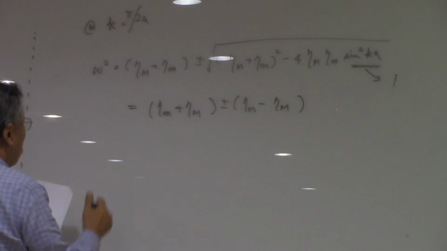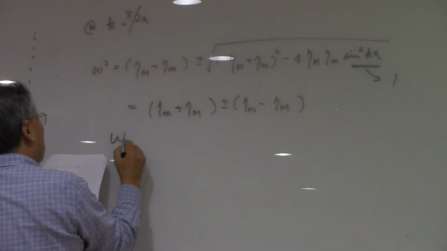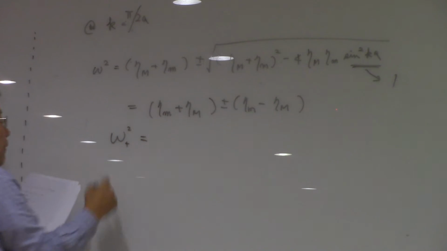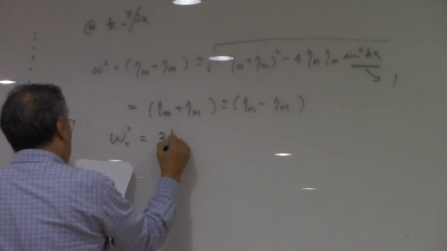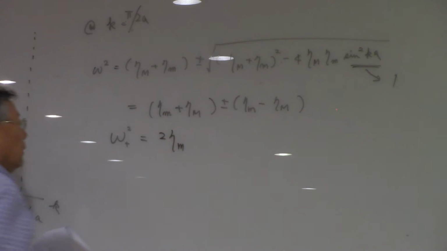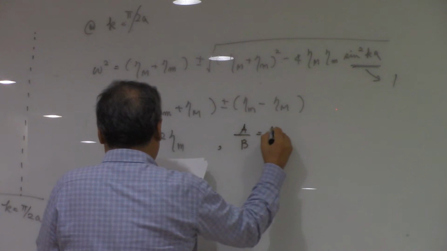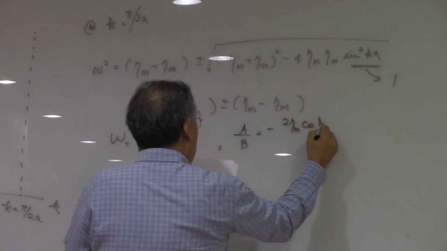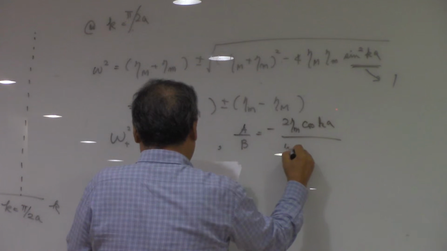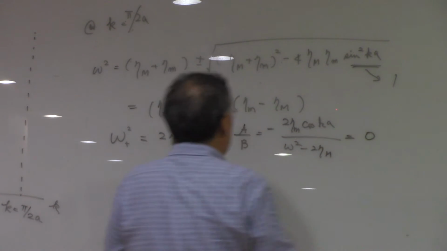Okay? So that plus, at pi over a, then this is going to be small m, and a over b is going to be minus 2 eta m cosine Ka over omega square minus 2 eta m, so that it's going to be 0.